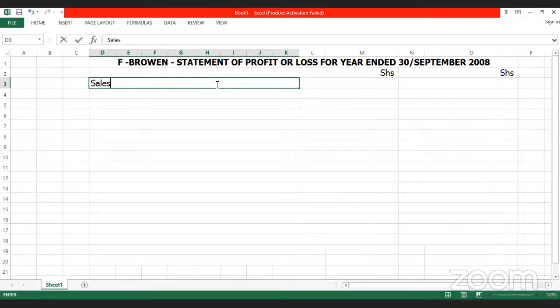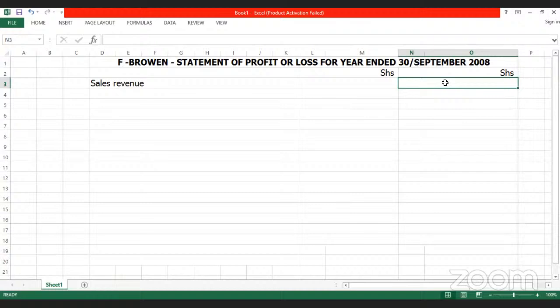So the sales revenue, you check in the question very fast, then you read for me the sales. How much are the sales? 391,400.